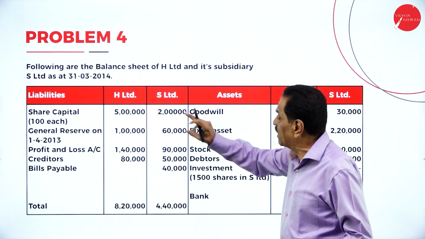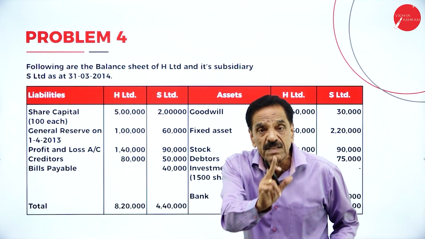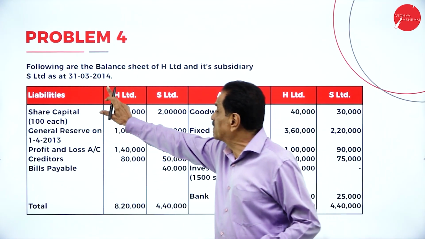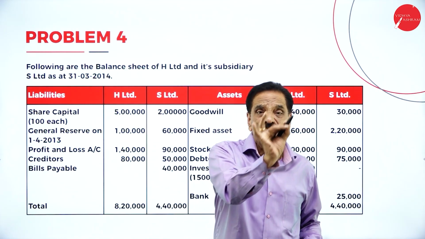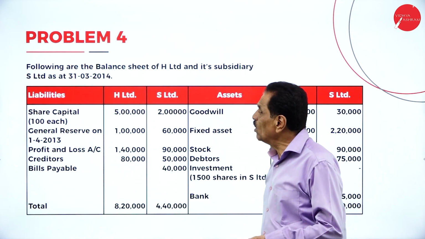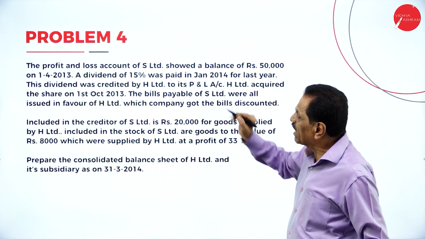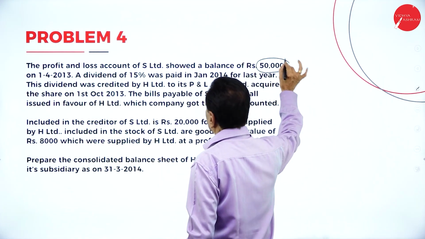This is the balance sheet of H Limited, which has subsidiary S Limited. On which date? 31/3/2014. Date is most important. Start from 1/4/2013 to 31/3/2014. We'll move on. The profit and loss account of S Limited showed a balance of 50,000 at the beginning of the year on 1/4/2013.